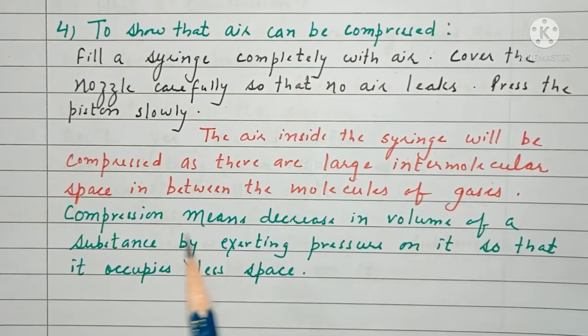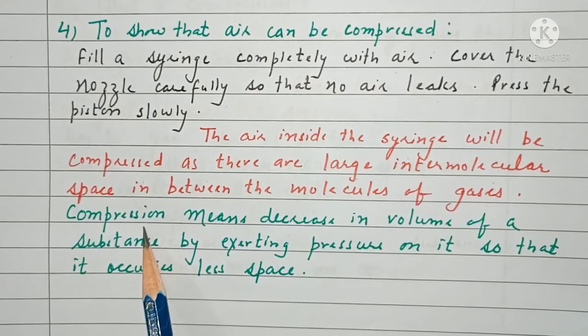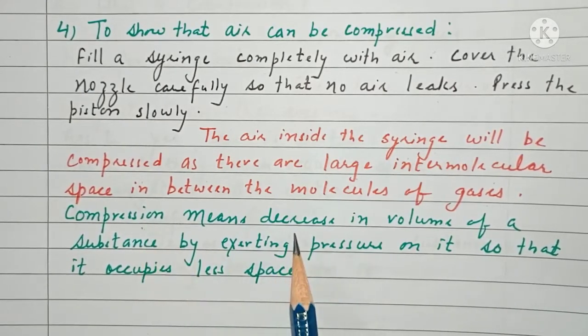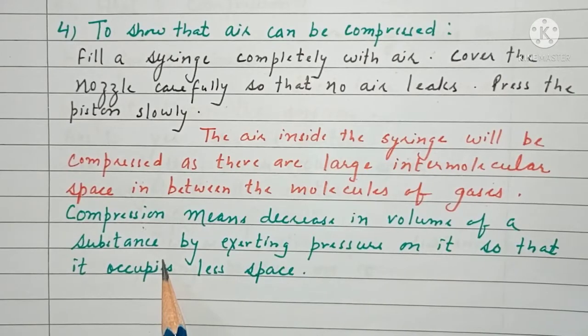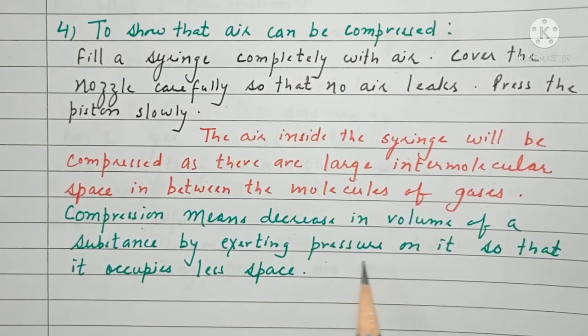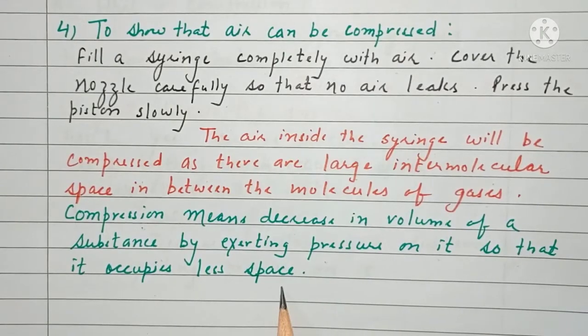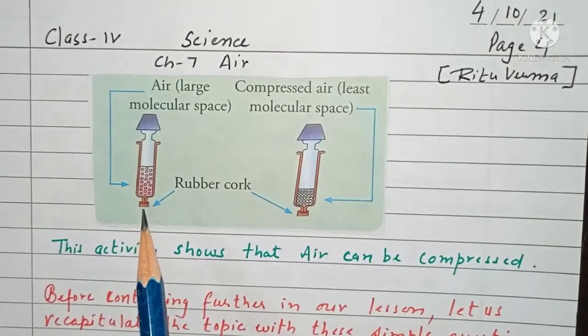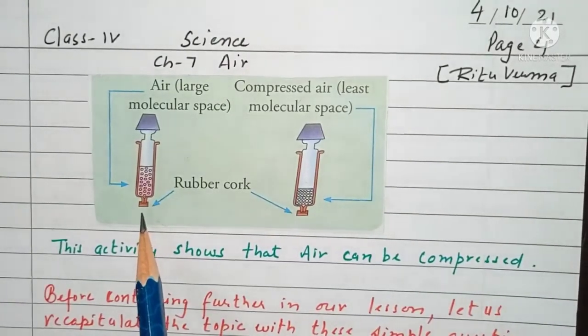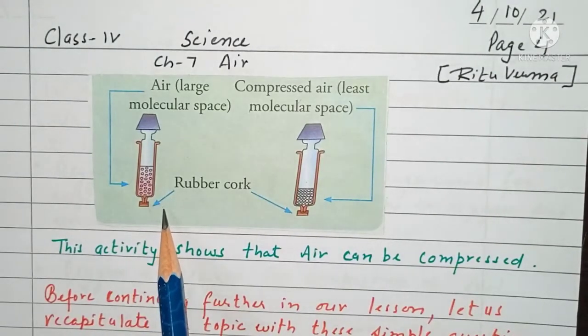So here I would like to introduce you to the term compression. What is compression? It means decrease in volume of a substance by exerting pressure on it so that it occupies less space, as you can see in the diagram also. This diagram shows that air can be compressed. You can see here the molecular arrangement.